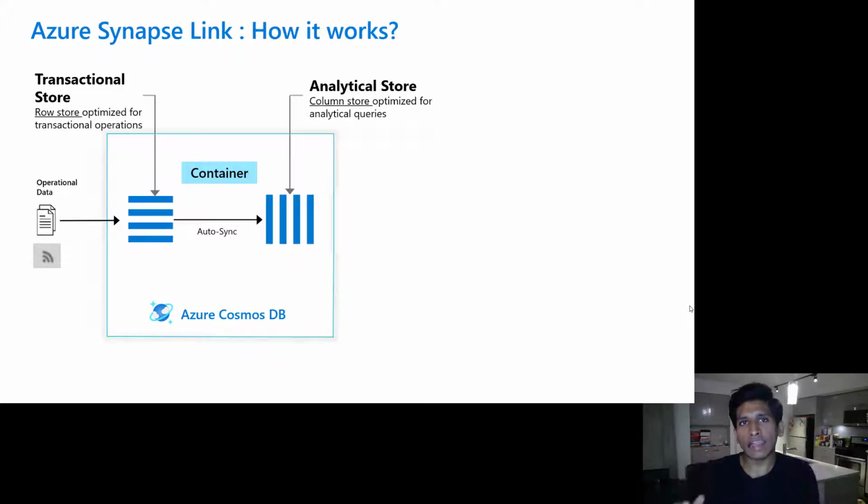The analytical store is a fully isolated columnar store optimized for typical analytical queries over large volumes of data. Any new inserts, updates, deletes to the operational data are automatically synced from the transactional store to the analytical store in near real time, within a couple of minutes. This auto-sync capability does not consume RUs provisioned for your transactional workloads.